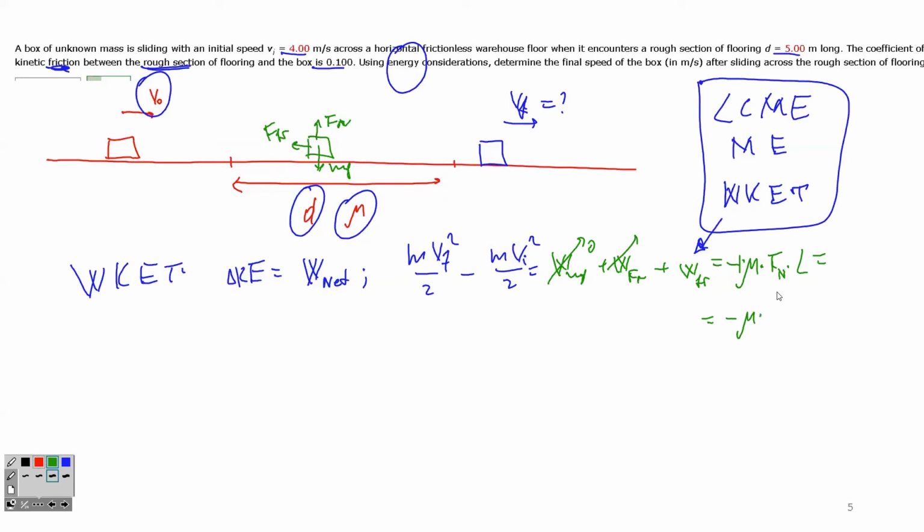Because our free body diagram is very simple, normal force is equal to mg, just mg. And now I can look at two sides of this long equation. I can see that I can cancel mass.